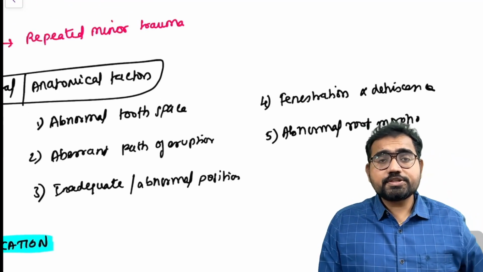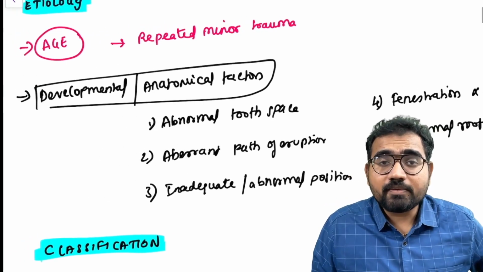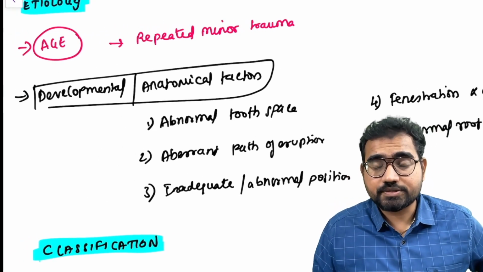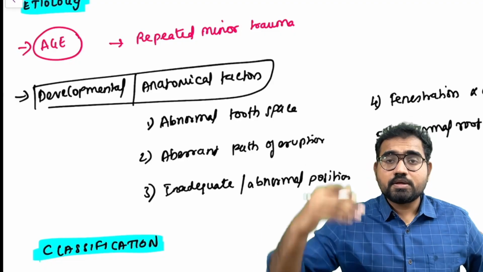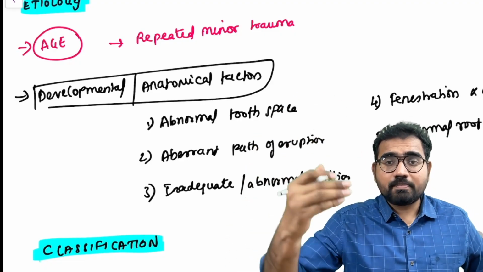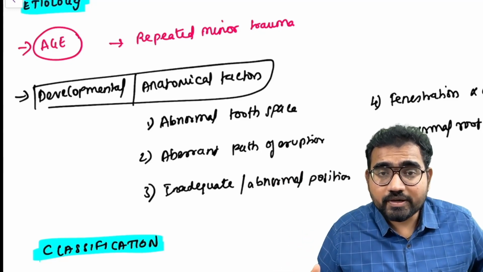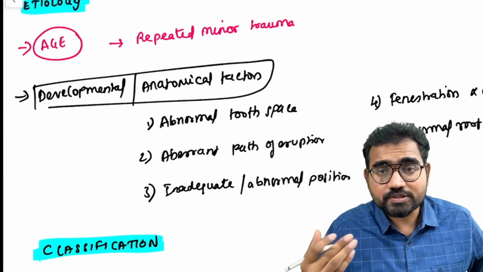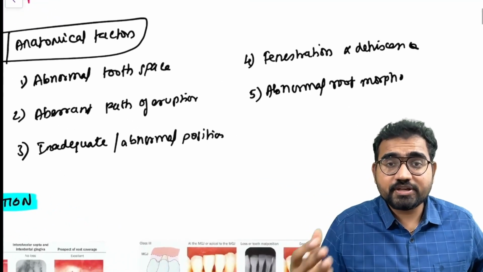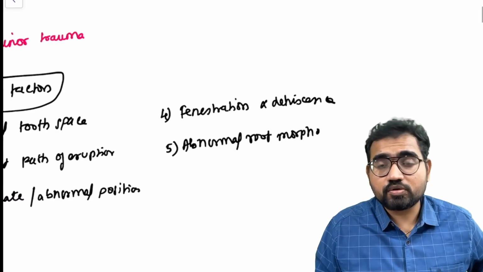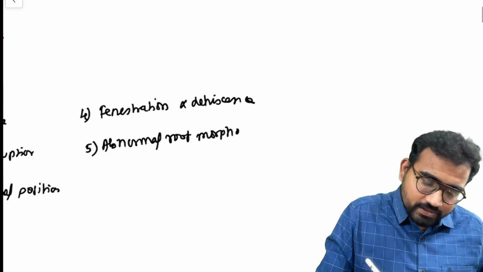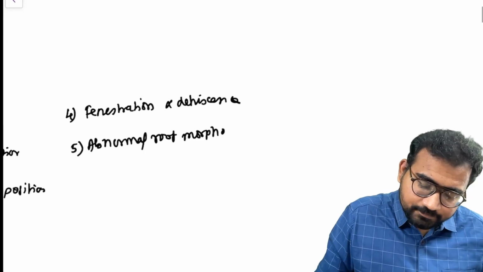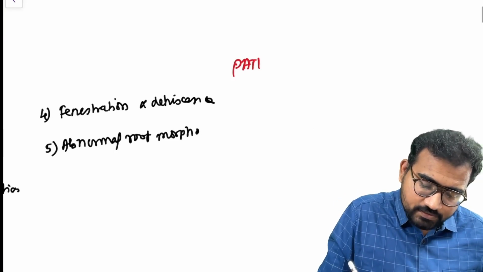So these are the developmental and anatomical factors causing recession: abnormal tooth space, path of eruption, inadequate or abnormal position of the tooth, fenestration and dehiscence, abnormal root morphology.